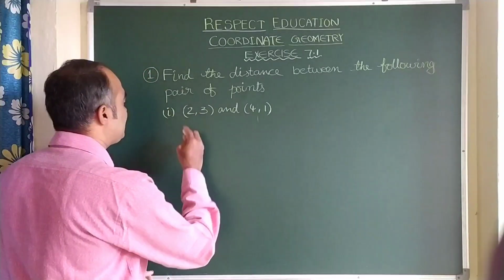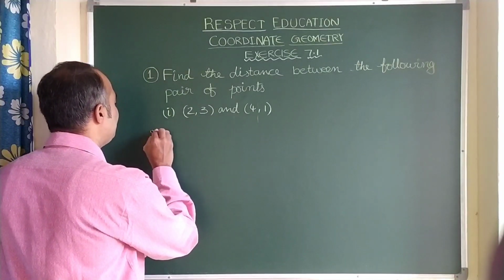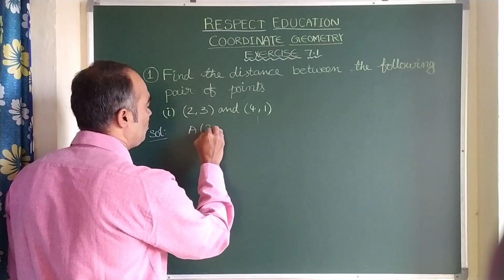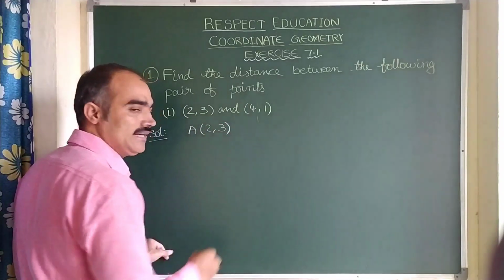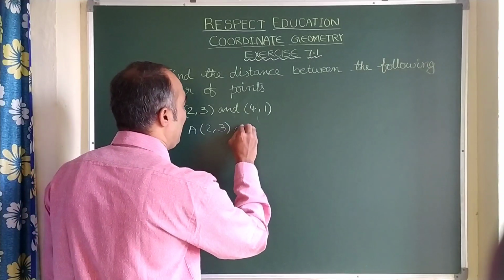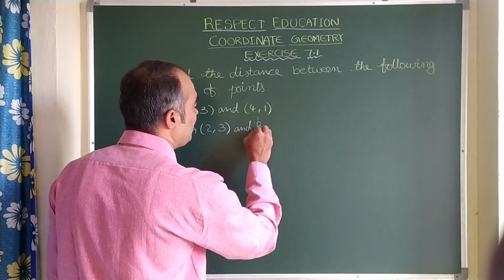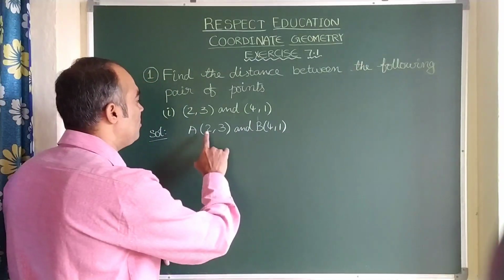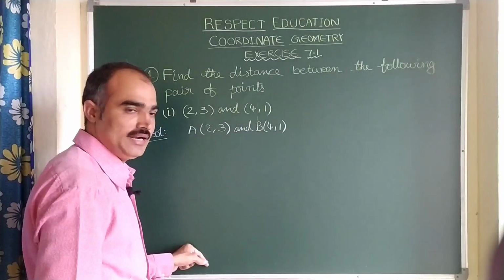Let us take the first point 2, 3 as capital A, and 4, 1 as capital B. Now we are going to find the distance between A and B.